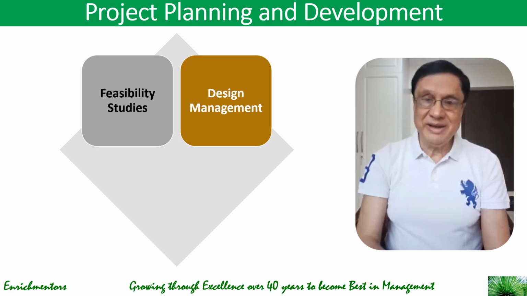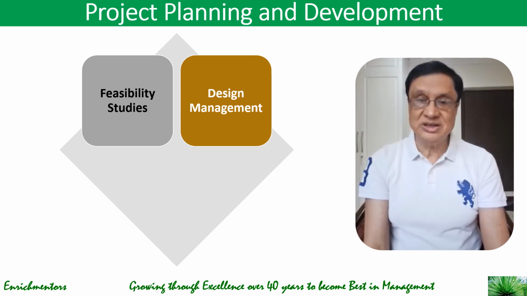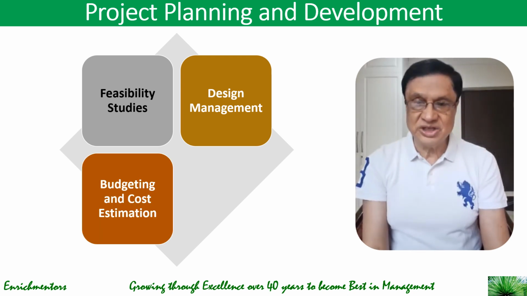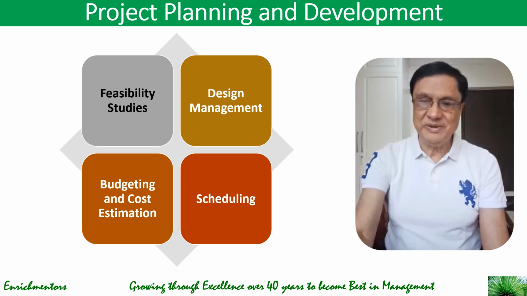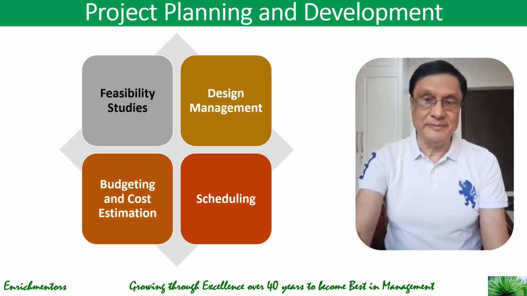Second, you do design management where you oversee the architectural and engineering designs so that they meet the client requirements, and then create cost estimates and secure funding, and then develop timelines and milestones using tools like Gantt charts or critical path method. What they are, we will take a look at briefly.